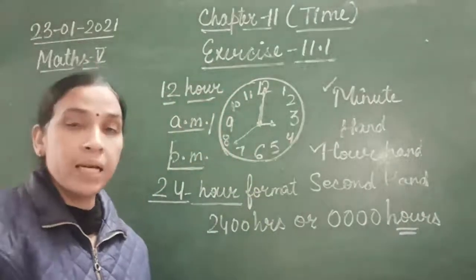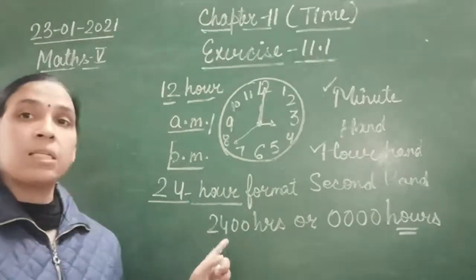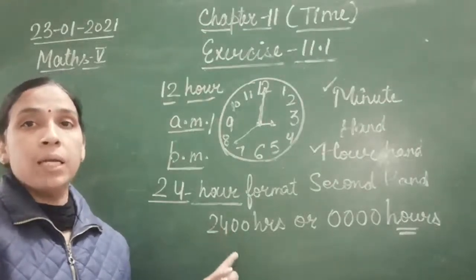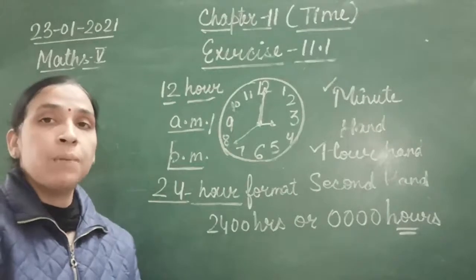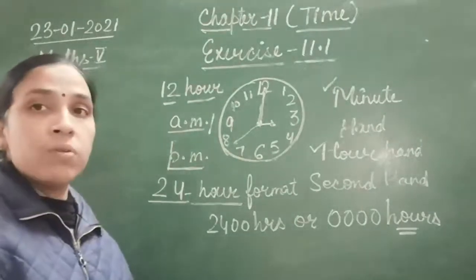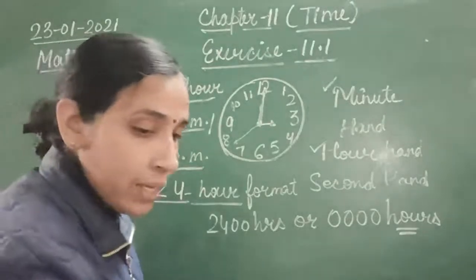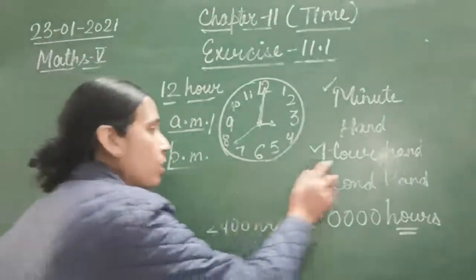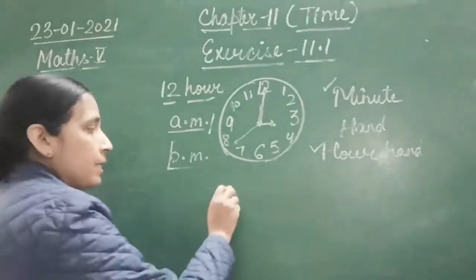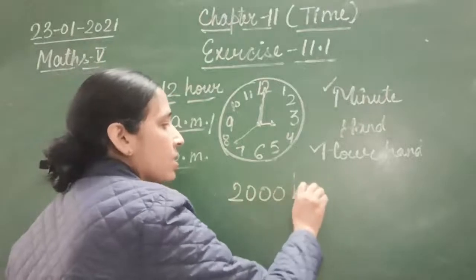Now children, what next? Most of the time in questions I am going to say, write this time in 24-hour format. Writing the time in 24-hour format means, for example, if I have to write 8 p.m. in 24-hour format, how am I going to write it? Let's see. 8 p.m. will be 20:00 hours.